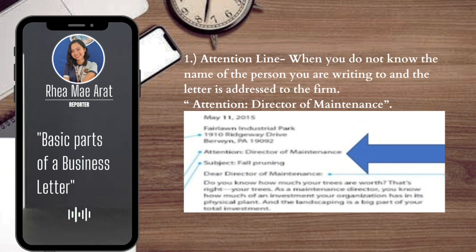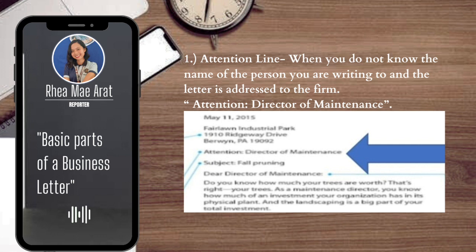This line begins with attention, or ATTN, ends with a colon and is placed flush with the left margin. Just like here in the example, just like here in the business letter that I provided.